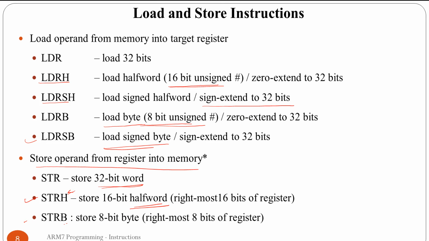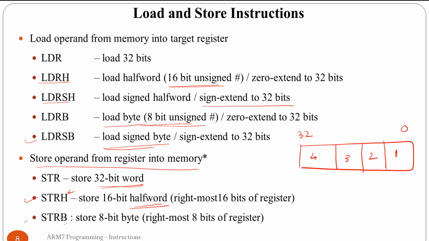So how is this 8-bit or 16-bit data normally copied? For example, we have 32-bit data. Now 32 bits means 4 bytes, so this is byte 1, 2, 3 and 4. Suppose we have to copy only 8 bits, then which 8 bits are copied from this particular data?